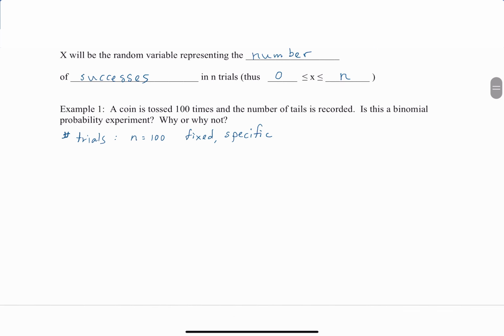So the thing we're asking ourselves here is, say I flip the coin, does whatever I get on that flip affect future flips? So if I get a tails, is that going to affect what I get on future flips? And no, it's not. The flips, in other words, the trials, are independent.